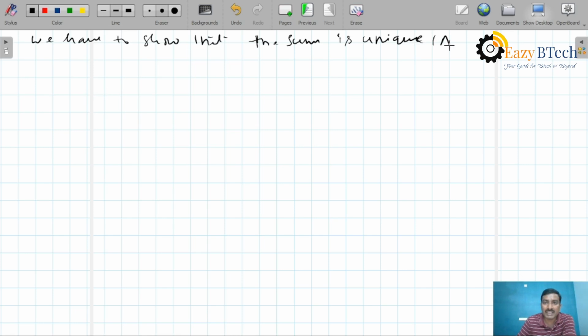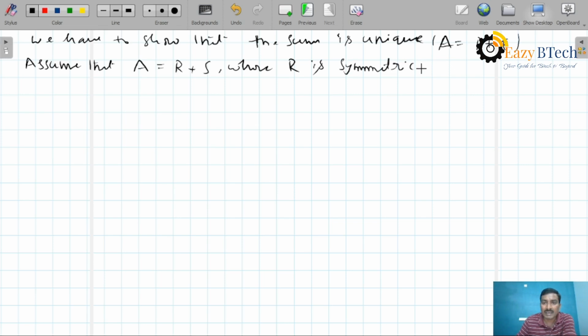The sum A equals P plus Q is unique means if you take one more sum, suppose, assume that I am taking one more sum, capital A equals R plus S, where R is symmetric and S is skew symmetric.